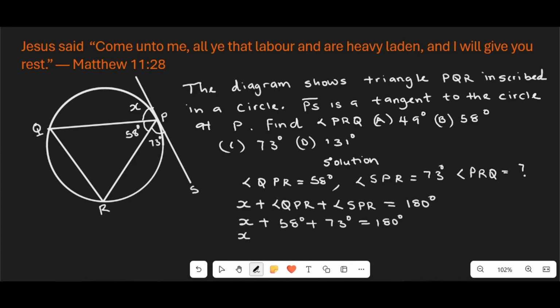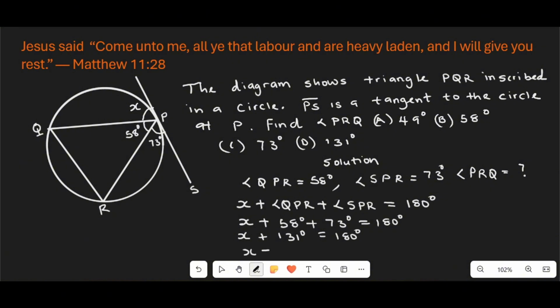X plus 58 degrees plus 73 degrees will give us 131 degrees equal to 180 degrees. So let us transpose 131 degrees to the right hand side.